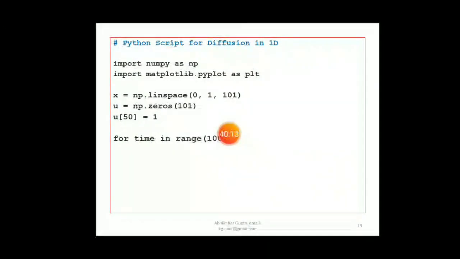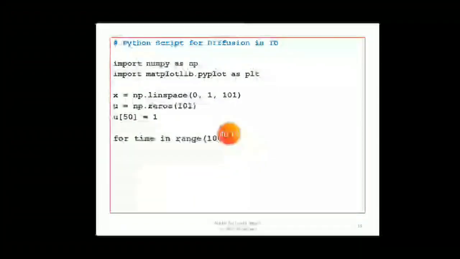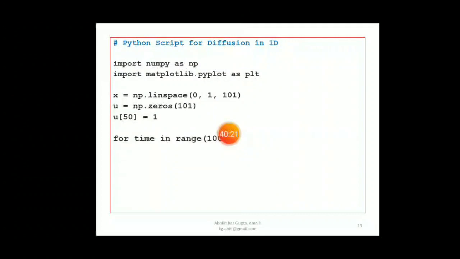Intentionally we don't want to know it at each time step. If we want to know, you will modify the program. To keep it simple, we need to know the distribution of u along the rod after a certain time step. So for that we write this program.